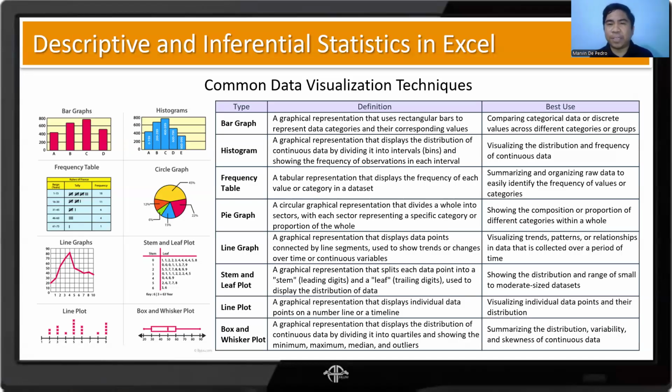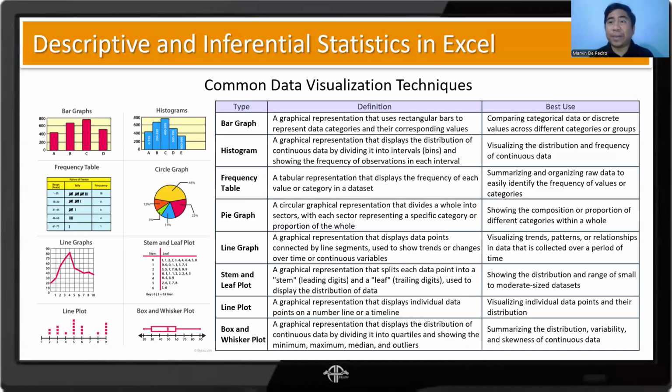best used when visualizing trends, patterns, or relationships in data that is collected over a period of time. For example, you want to measure the temperature in an environment, starting from 12:01 a.m. up to 11:59 p.m., for the entire day.